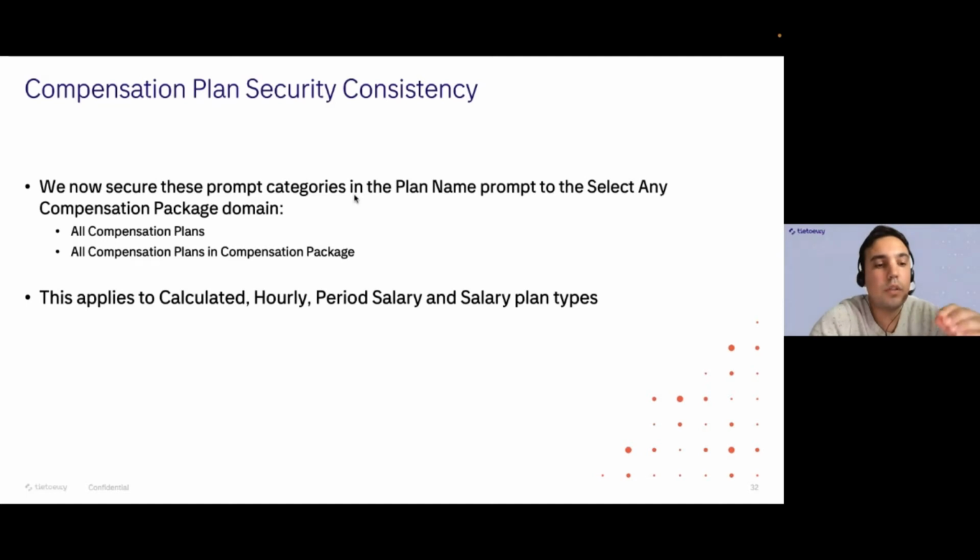So before you had this prompt called All Compensation Plans. Workday split it nowadays in two different prompts, All Compensation Plans and All Compensation Plans in Compensation Package. So this is what this new feature is about. It's applied for calculated plan, hourly plan, merit salary plan, and salary plan.